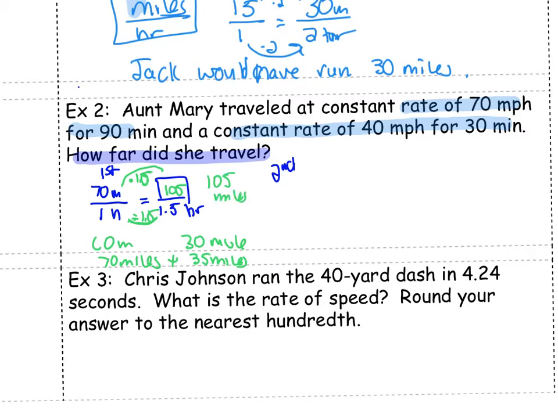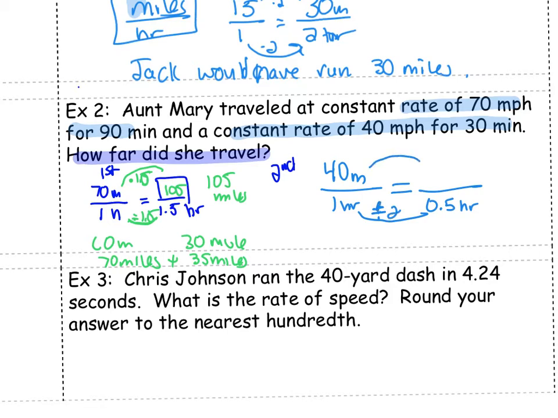For the second part, she traveled 40 miles per 1 hour for 30 minutes or a half an hour. So I know that 1 divided by 2 gets me my 1/2.